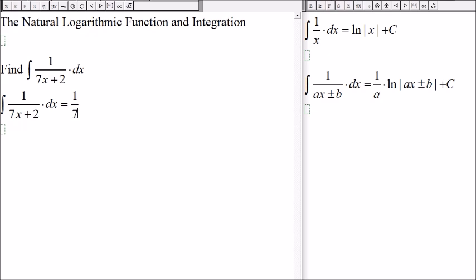And so this would be 1 over 7, and then times the natural log of the absolute value of ax plus b, and so it would be 7x plus 2, and then plus the constant, and this is the answer.